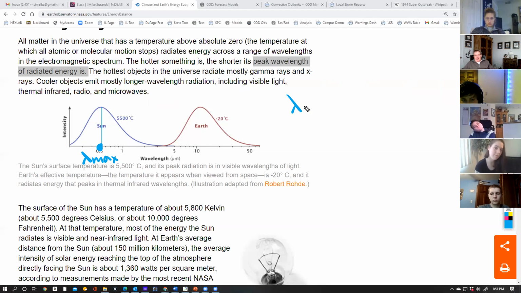And lambda max, we said, the value of it is 2898 divided by the absolute temperature. So this is inversely proportional to the temperature. In other words, if it's hotter, this lambda max should be what?